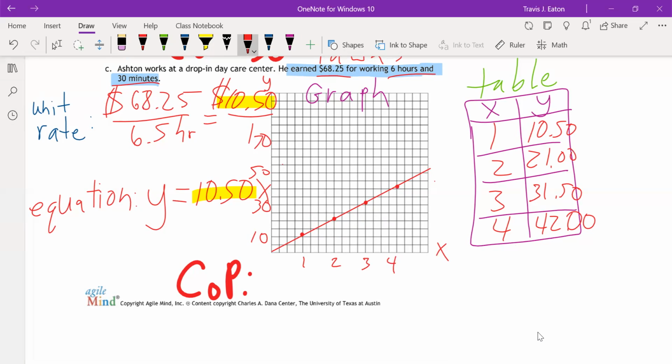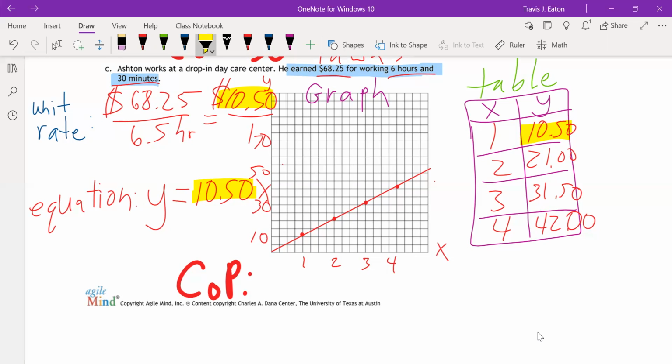And to find the constant of proportionality, remember, we already know it's the unit rate. It's what you multiply x by to find y. In your table, when x is 1, y is your constant of proportionality.